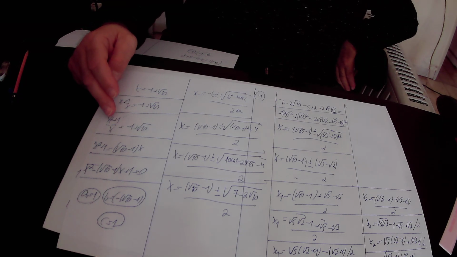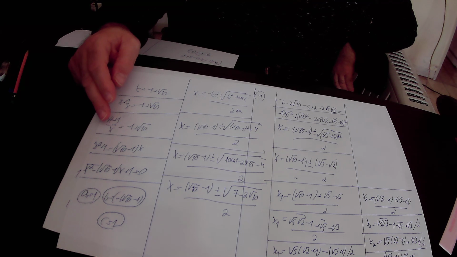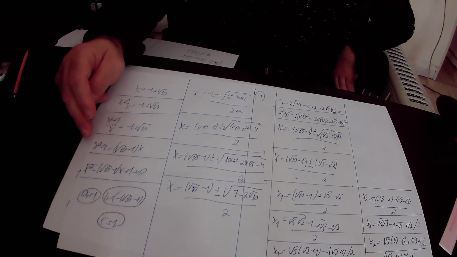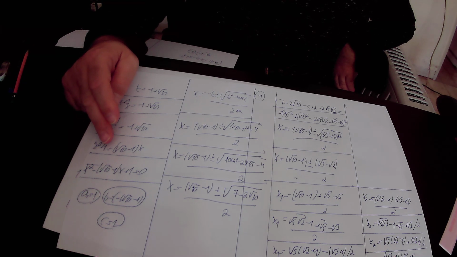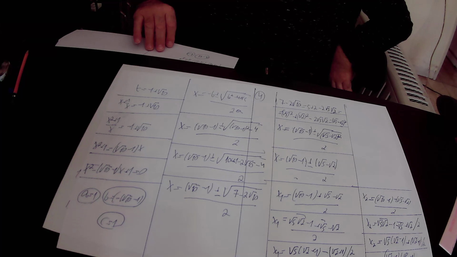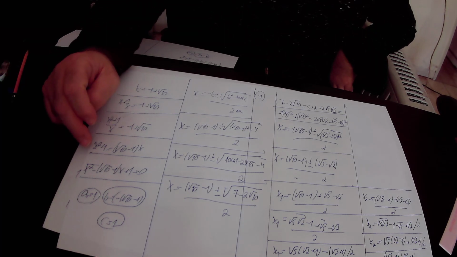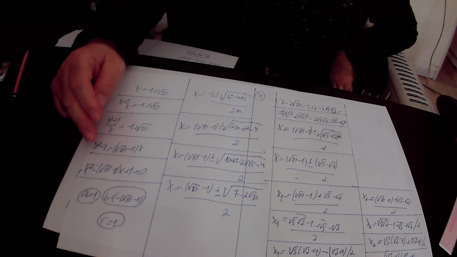Here we subtracted square root of 10 minus 1 times x from this equation, and we got a quadratic equation: x squared minus square root of 10 minus 1 times x plus 1 equals 0. In this quadratic equation, a equals 1, b equals minus square root of 10 minus 1, and c equals 1.